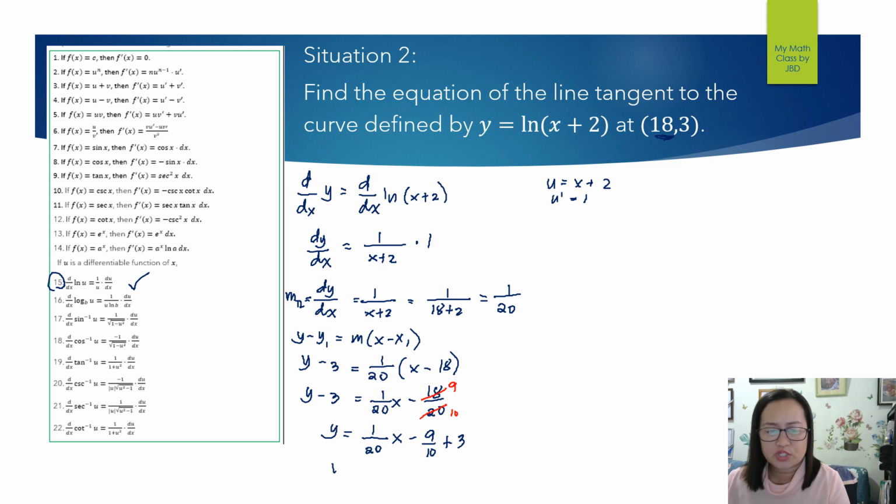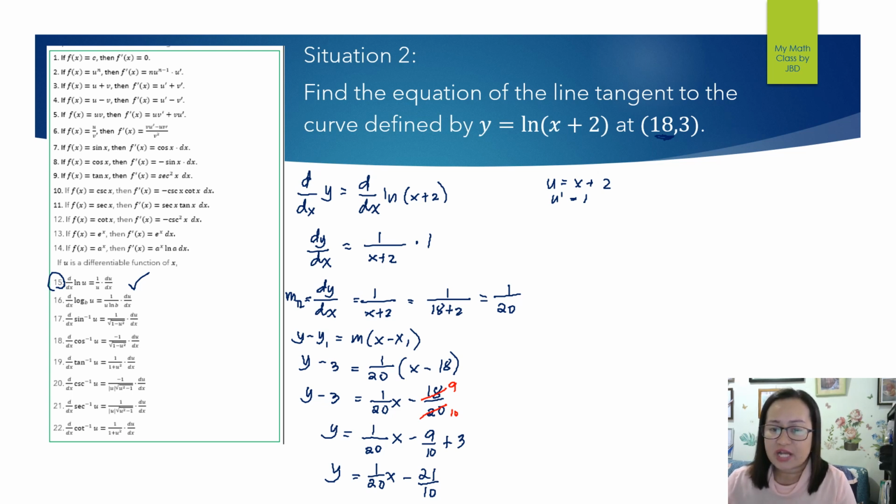Which when simplified will give you 1 over 20x minus 21 over 10. So this is now the equation of the tangent line to the curve defined by y equals ln of x plus 2 at 18, 3.